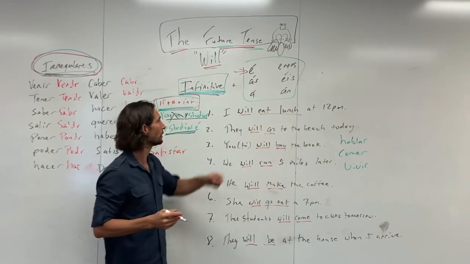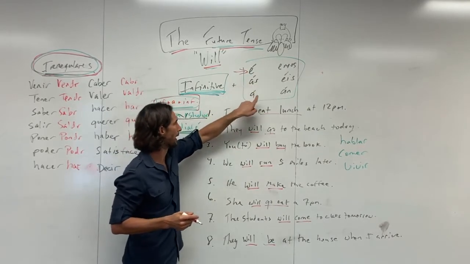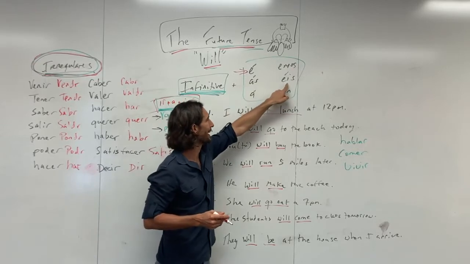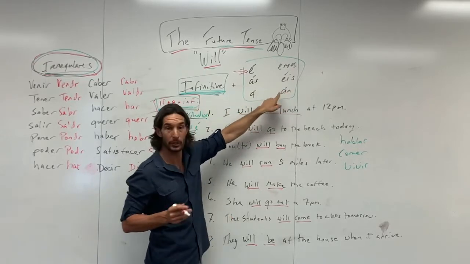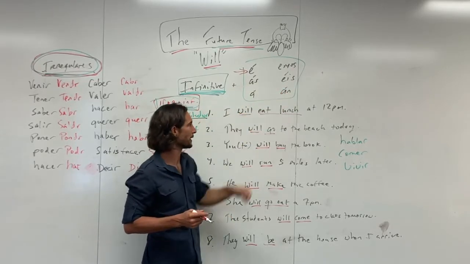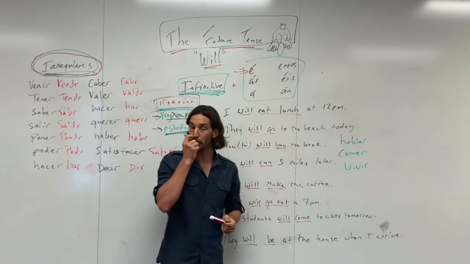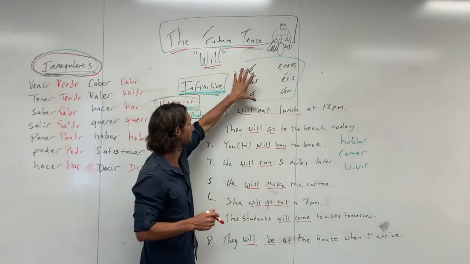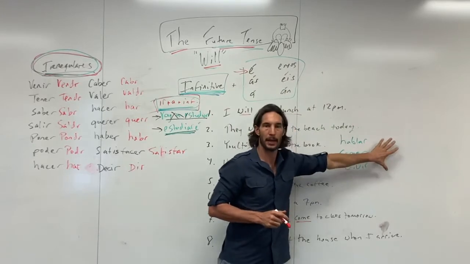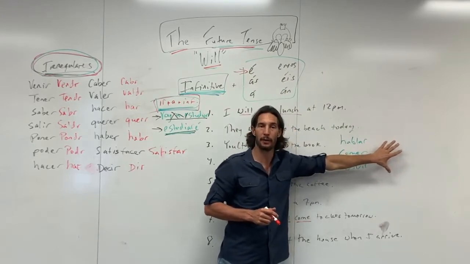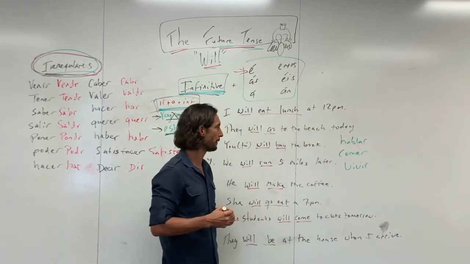É with an accent, then we have ás, á, emos, éis, é, as you can see there, á, right? Depending on the subject of the sentence, I would just place one of these. I would attach it to the infinitive. I would just put it on the back end of the verb, of the infinitive.